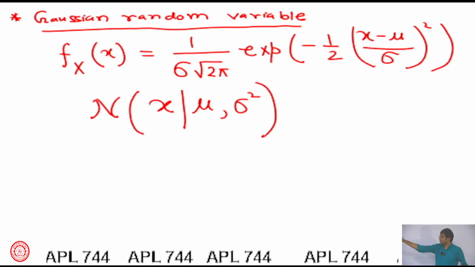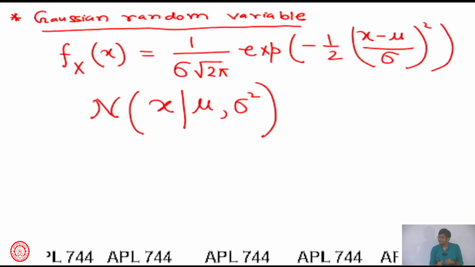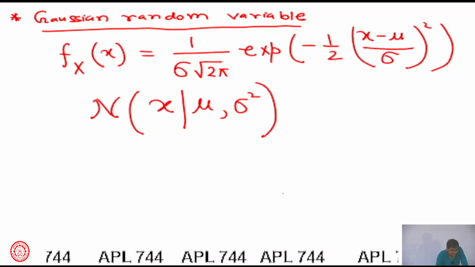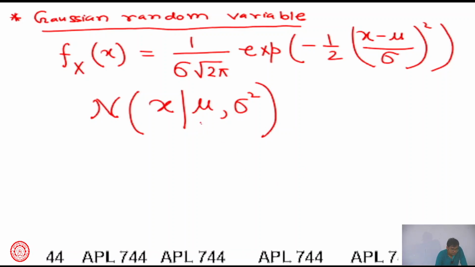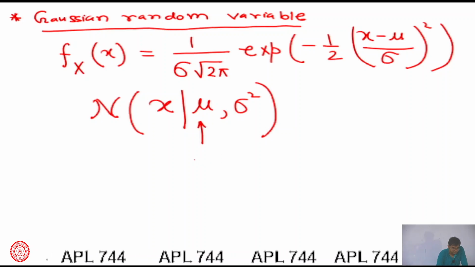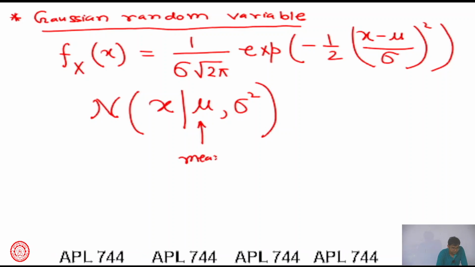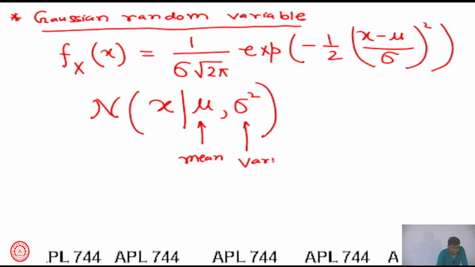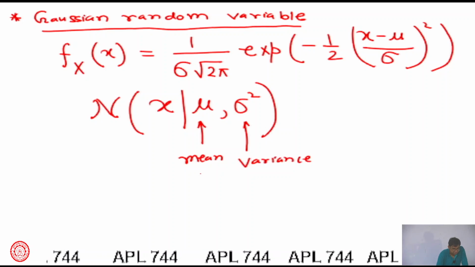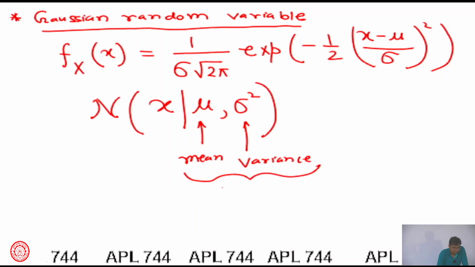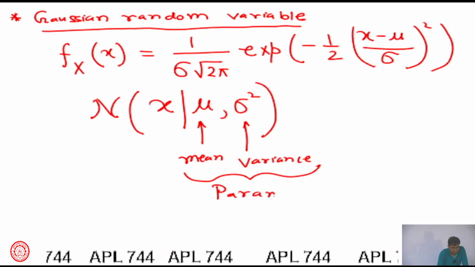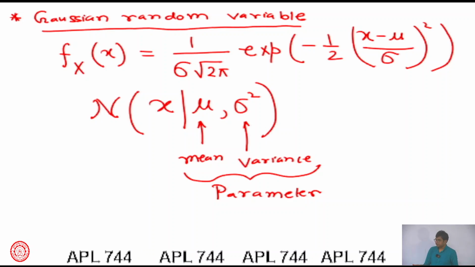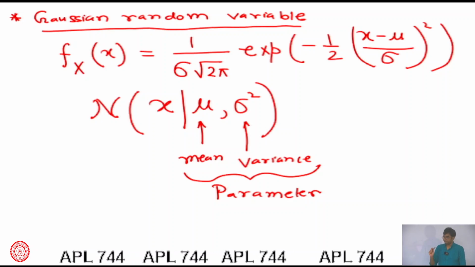So, wherever you see something written like that, you should know that this is the Gaussian random variable being talked about, where this is my mean, this is my variance, and these two together are the parameters. Okay. So, mean and variance are the parameters of Gaussian random variable.